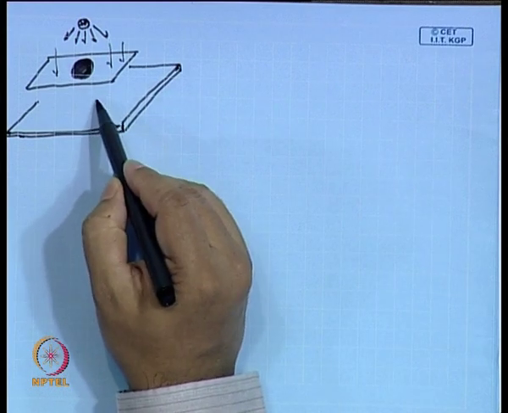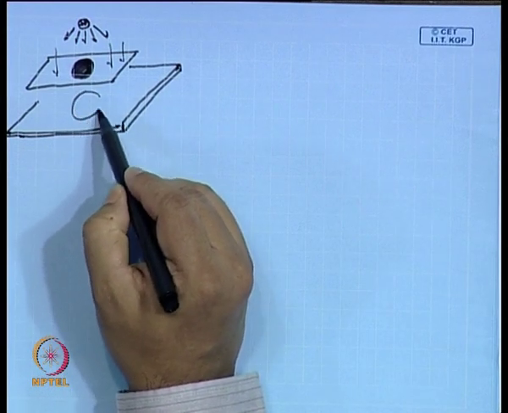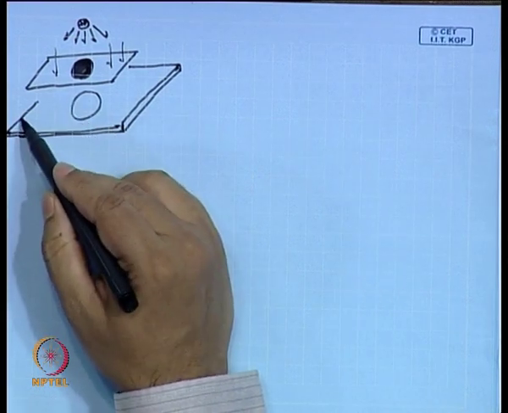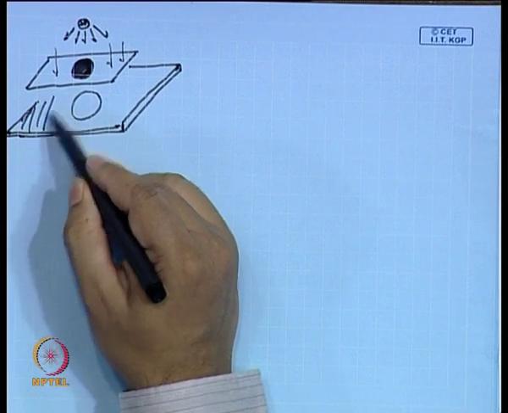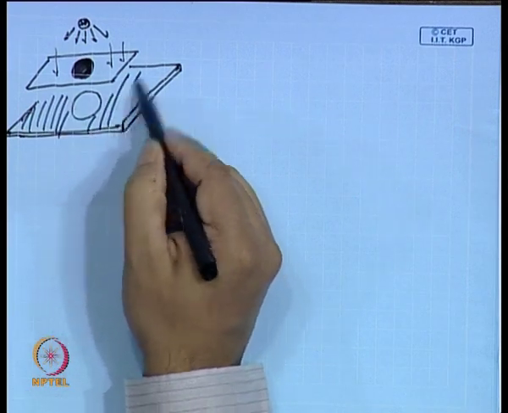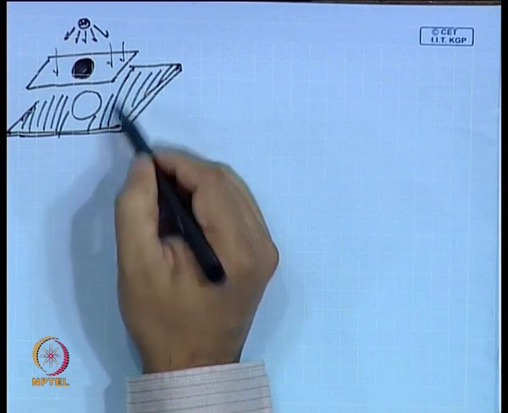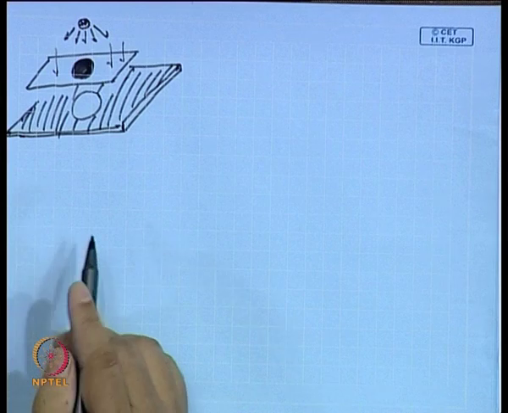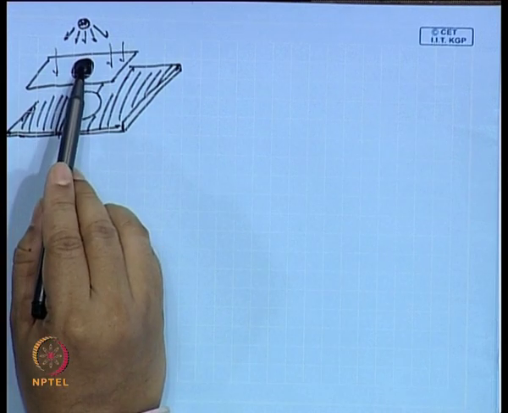So, you will see a pattern on the substrate. That means, these portions would be exposed to light. However, this portion will remain unexposed because of this pattern.